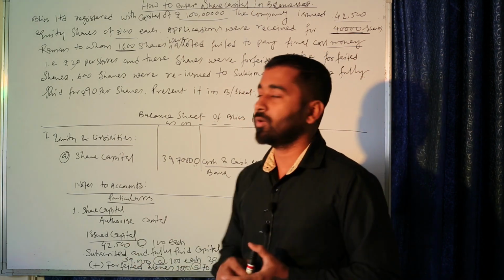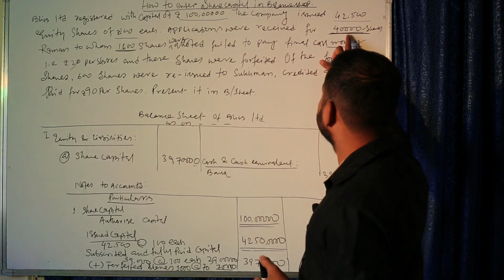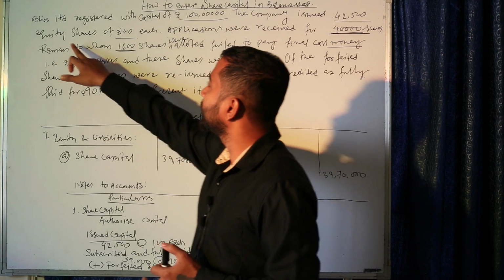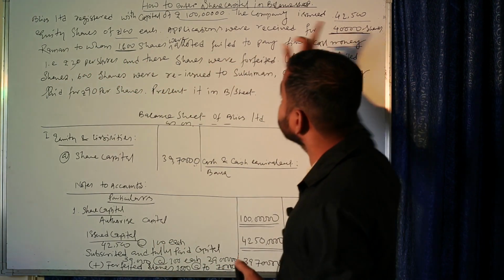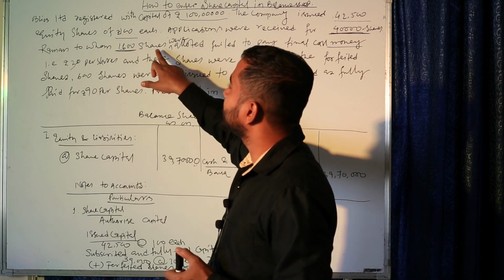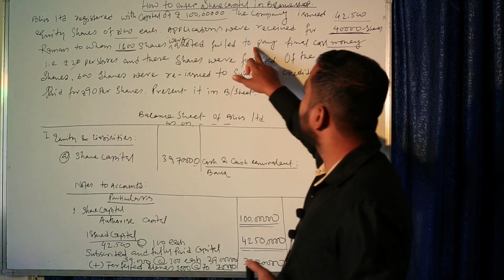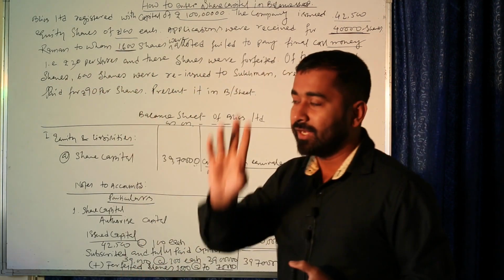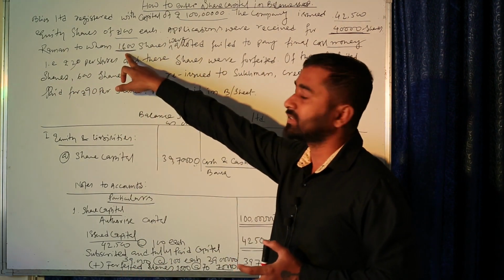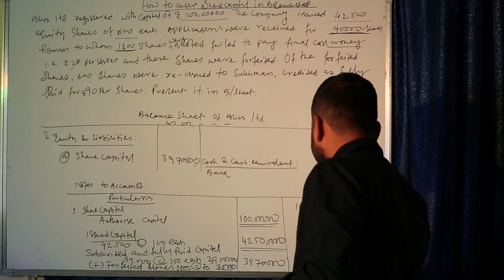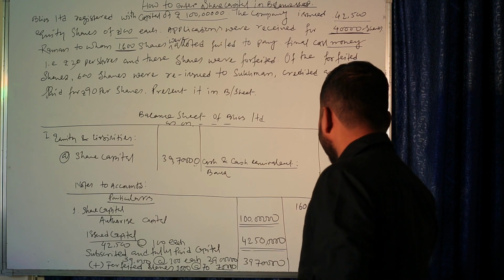But what happened? Let's see. One is that 40,000 equity shares were received. Raman, to whom 1,600 shares were allotted, failed to pay the final call money, that is 30 per share. Indirectly, 1,600 shares Raman holds.